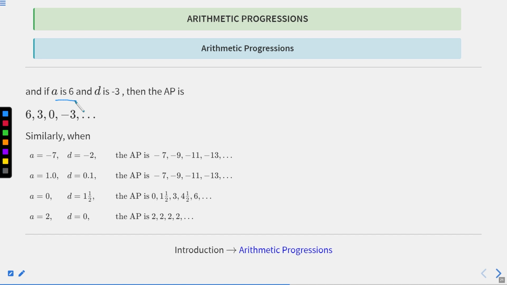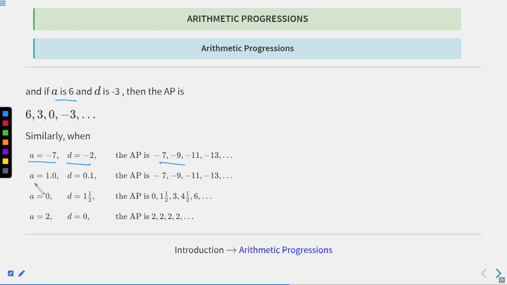So the AP is 6, 3, 0, minus 3, and so on. Similarly, when A is minus 7 and D is minus 2, the AP is minus 7, minus 9, minus 11, minus 13, and so on.